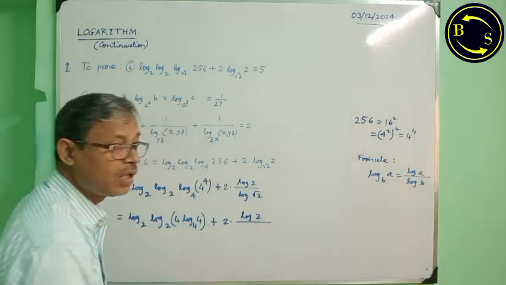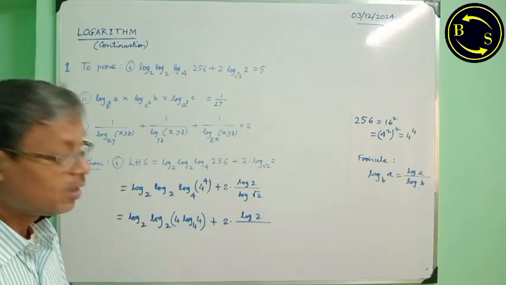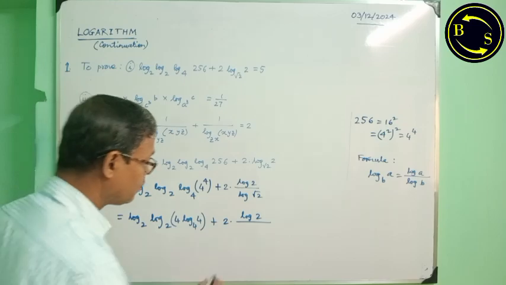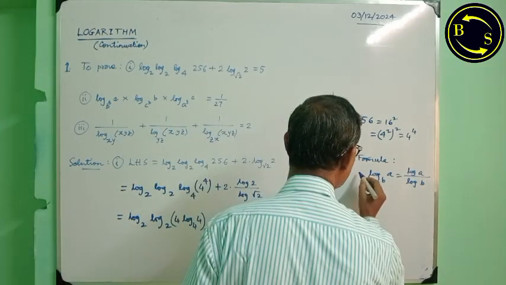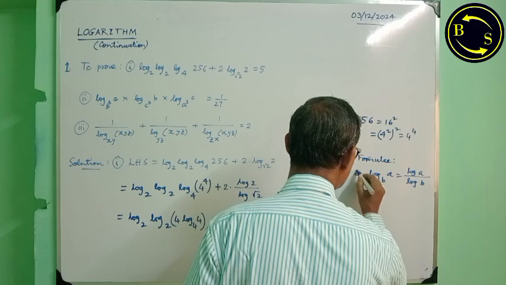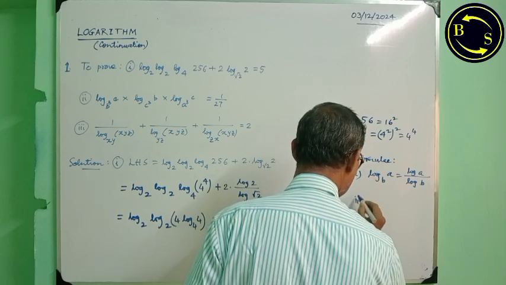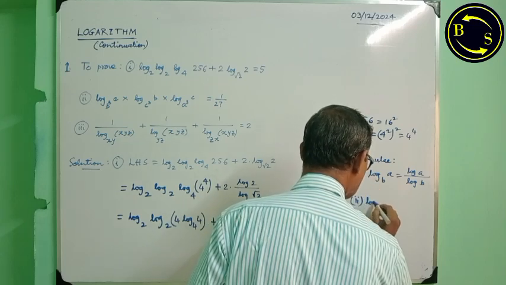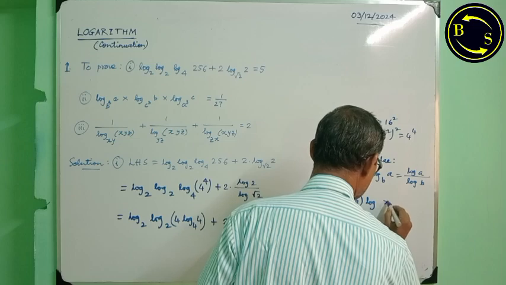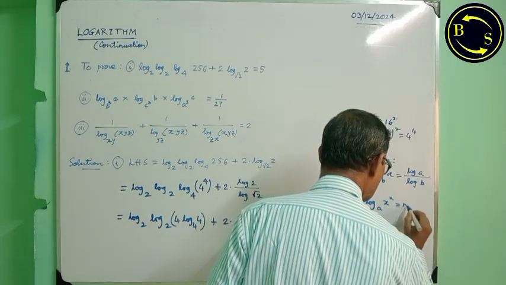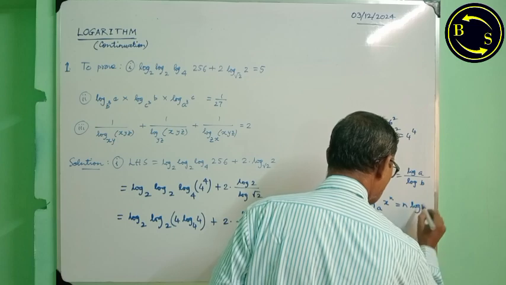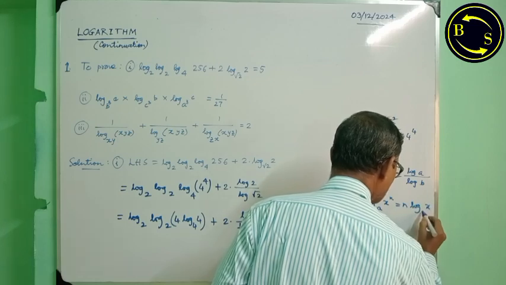This is root 2 means log 2 to the power half. Therefore, as per this formula, log of x to the power a to the base a will be equal to a log of x to the base a.